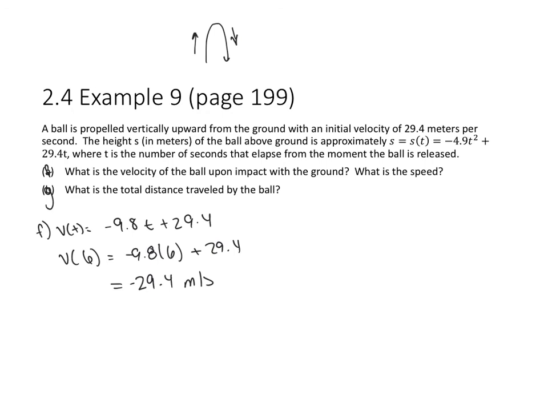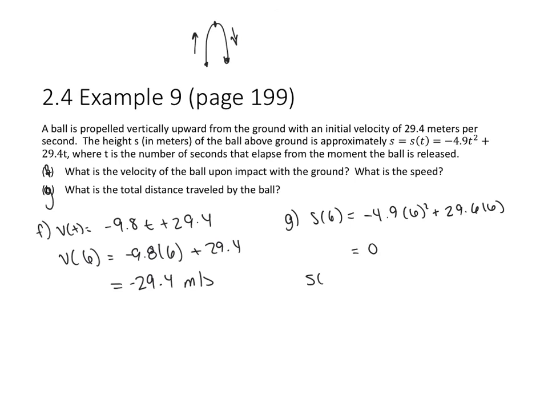Part G asks us to find the total distance traveled by the ball. So you might initially think that I should do s of 6. But s is the position function. If I found the position at time 6, I'm going to be here on the ground, right back where I started. So my position would be 0. So that wasn't very helpful. But what I can find is how far up I went, and then multiply it by 2. That would be how far down I have to go.